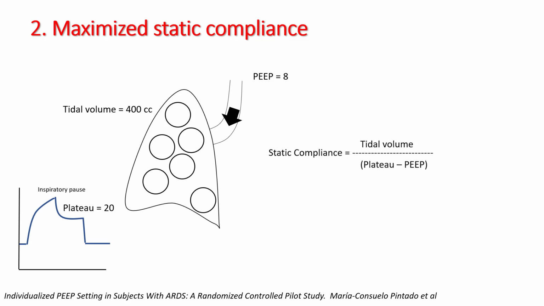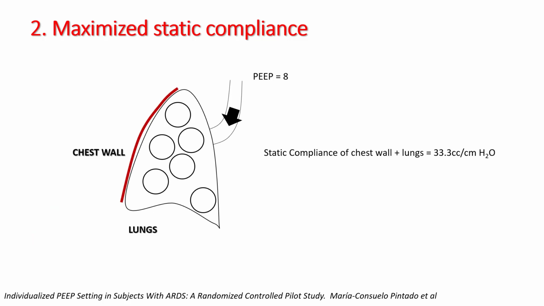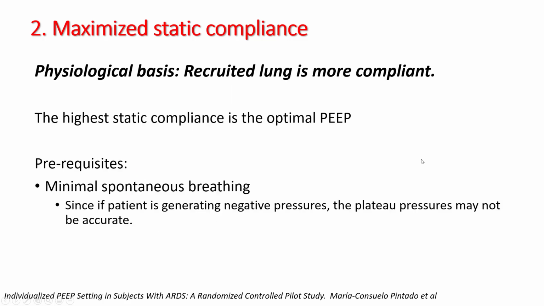Hence, the static compliance can be measured by tidal volume divided by plateau minus PEEP, which is, in this case, around 33.3 centimeter. One of the things that you have to remember is that the static compliance that you are measuring in this case is the static compliance of both chest wall and the lungs.